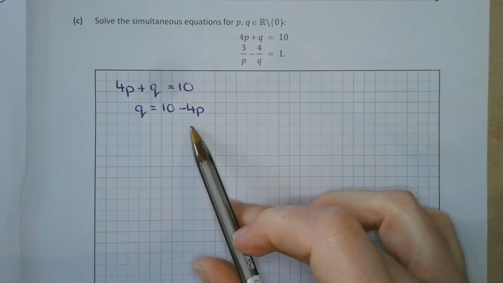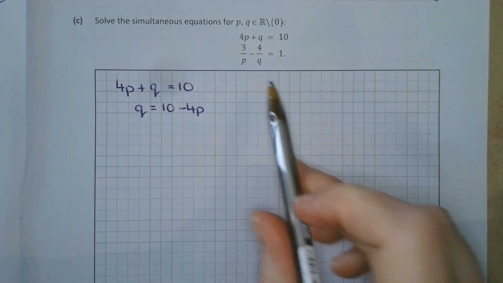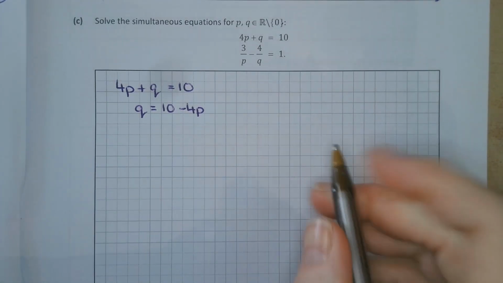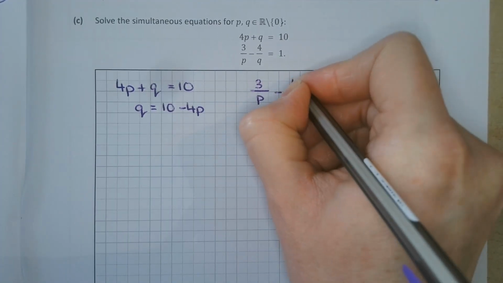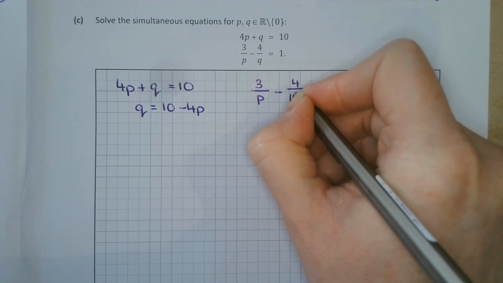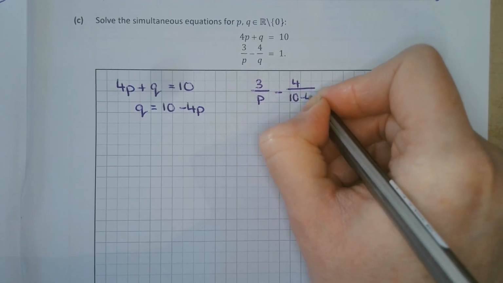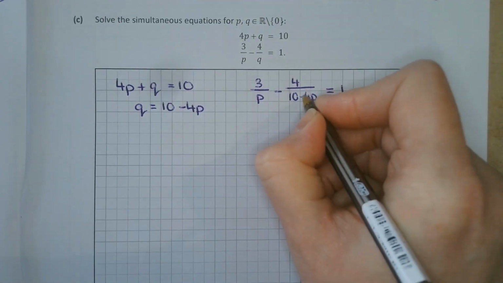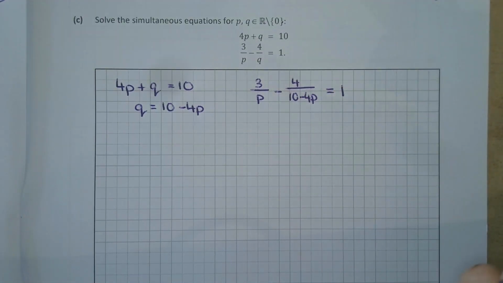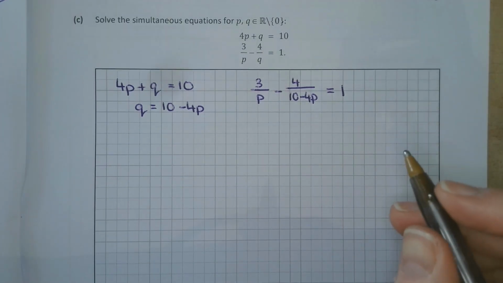And what we'll do then is using that linear equation, we'll substitute that into our second equation here. So the 3 over p will stay as it is, minus 4 over q, this time instead of q, putting 10 minus 4p, equals 1. So now that we just have p's in this equation, and hopefully we can work this out and solve for p.